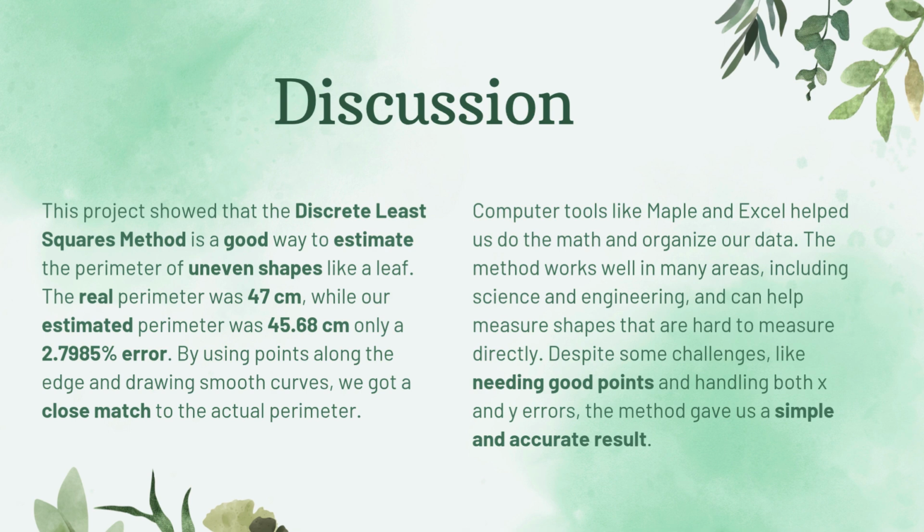Computer tools like MATLAB and Excel help us do the math and organize our data. The method is used in many areas, including science and engineering, and can help with shapes that are hard to measure directly. Despite some challenges, like needing good points and handling both X and Y errors, the method gets us a simple and accurate result.